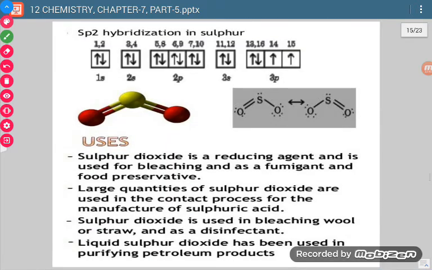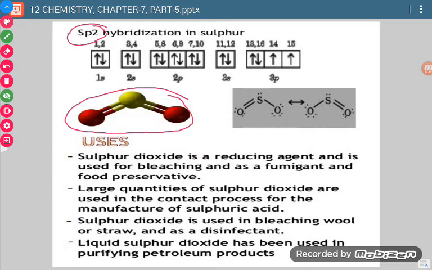Now let us talk about its structure and uses. In the sulfur dioxide molecule, sulfur is the central atom and sp2 hybridization occurs. When sp2 hybridization occurs, its structure is bent.